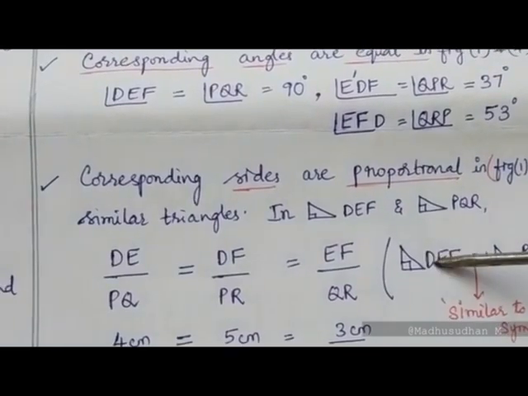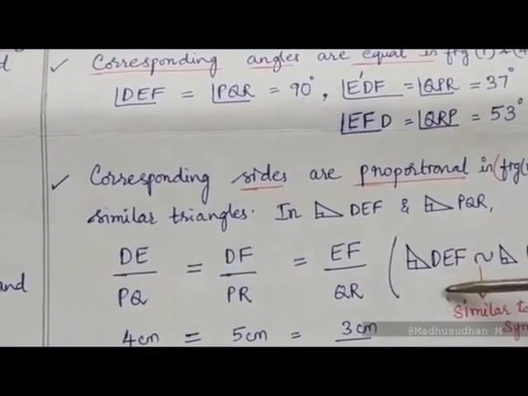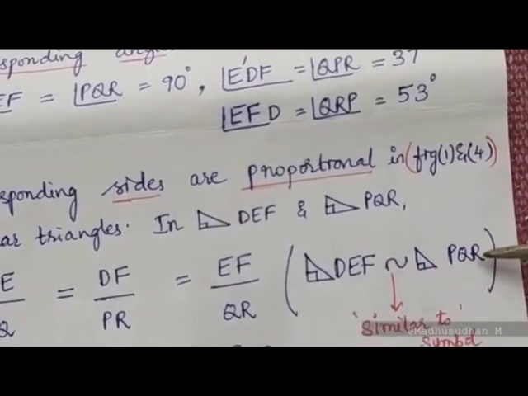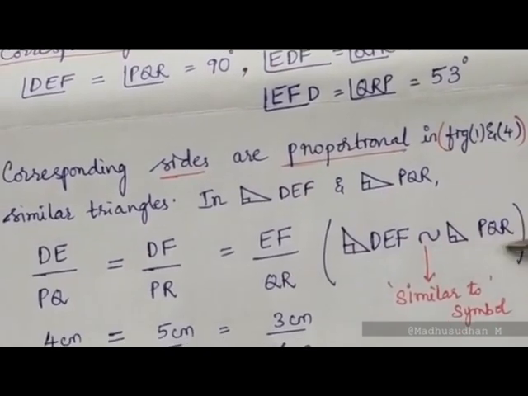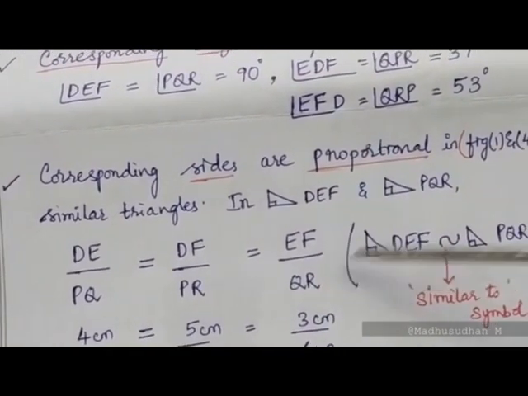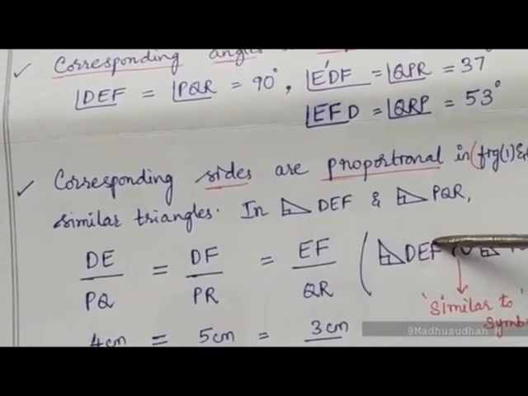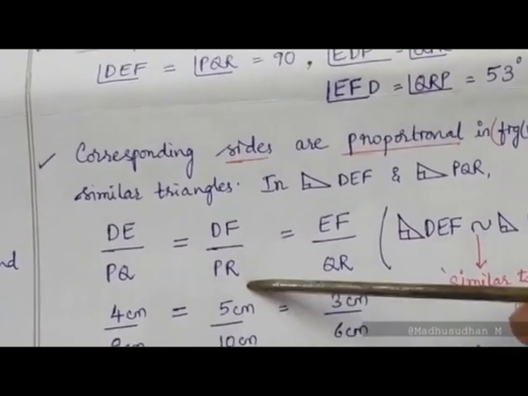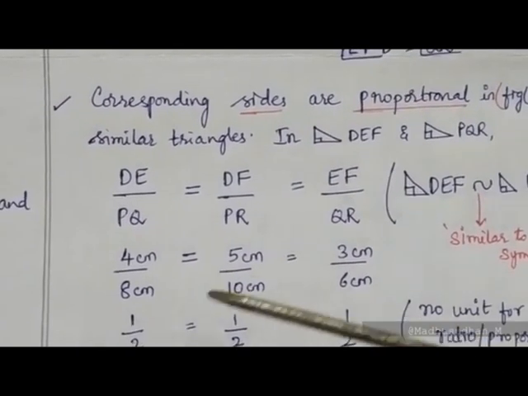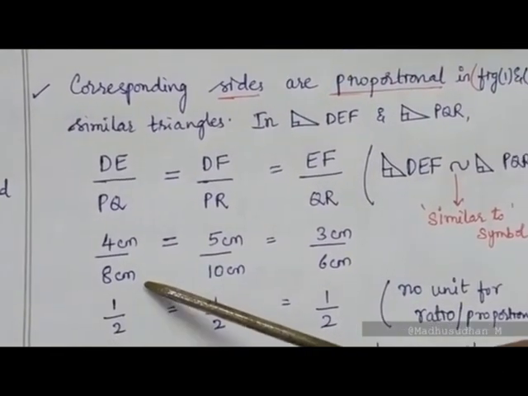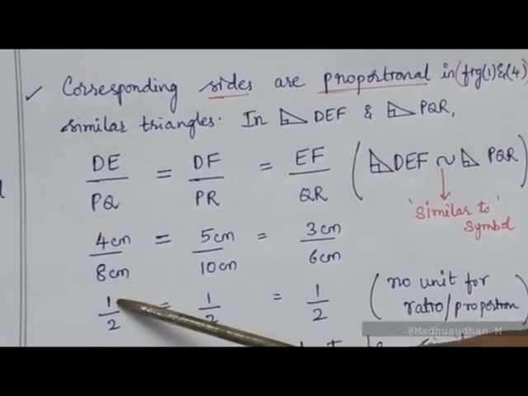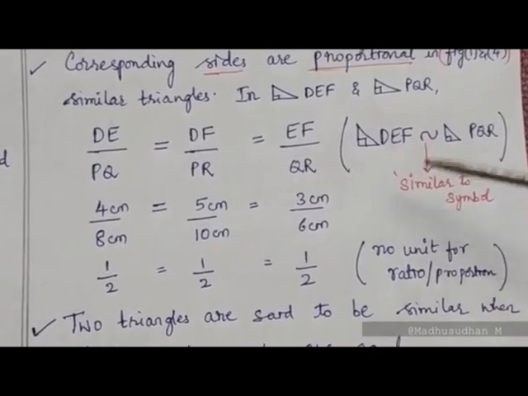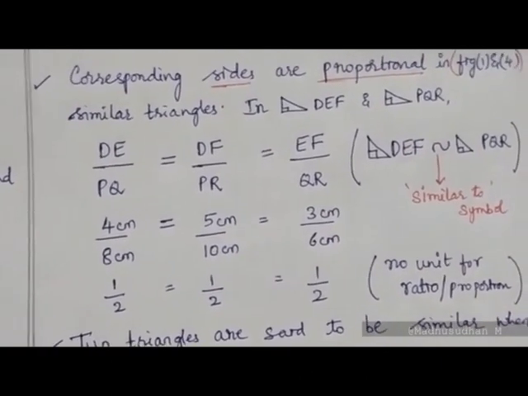DE by PQ, and EF, the second and third, and QR, the second and third, EF by QR, and the first and third, D and F, and P and R, DF by PR. If we substitute the measurements, the units get cancelled. We have no unit for ratio or proportion, and this is the way to write the corresponding sides in proportion.